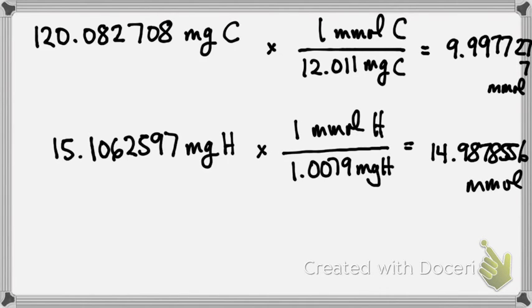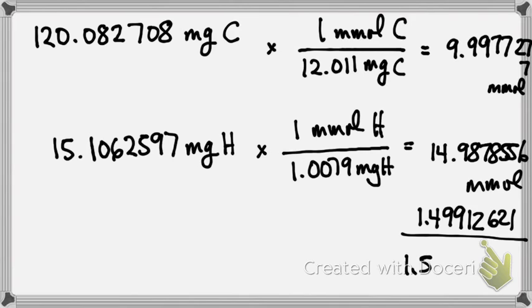Now we're to the point where we were with our easier, more straightforward empirical formula problems. Now we simply want to divide by the lowest number of moles. That's going to be 9.9977277, and I get 1.4991261, which I clearly want to round to 1.5.